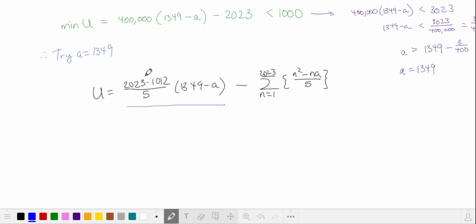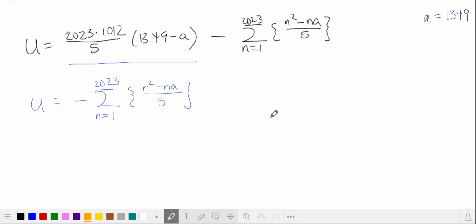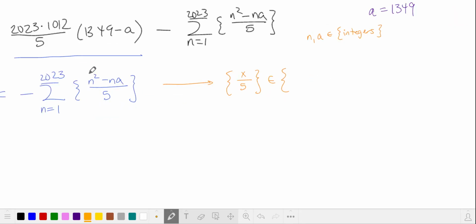This first term disappears when a is equal to 1349, so we're left with the negative of the sum of these fractional parts. To figure out what this sum is, let's take a look at a simpler example. Let's find the fractional part of a fraction where the denominator is equal to 5. N and a are both integers, so this numerator is an integer.